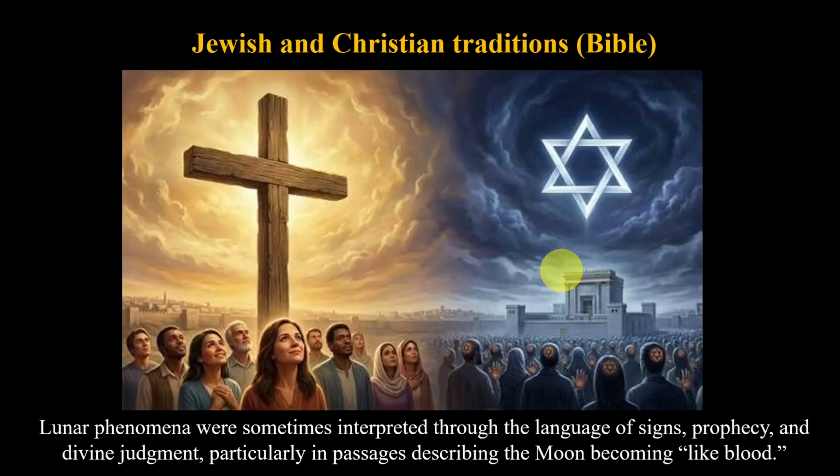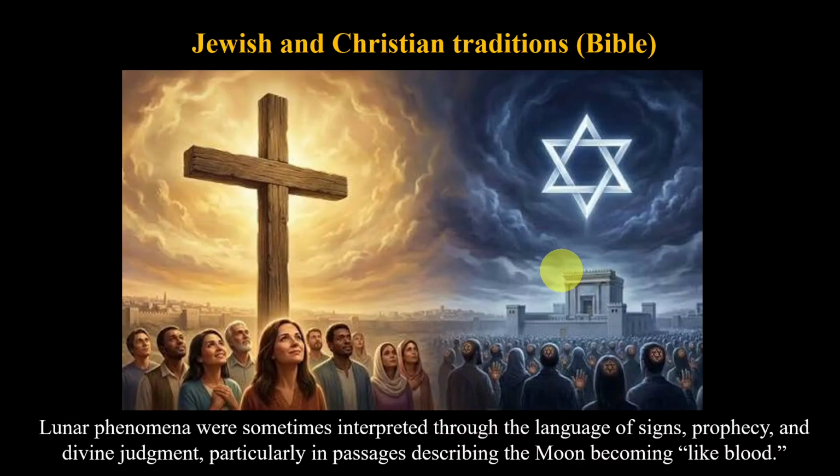How about the Jewish and Christian beliefs in the Bible? If you read the Bible, you will see a lot of emphasis on the moon. These are lunar phenomena, not just lunar eclipse, even solar eclipse.